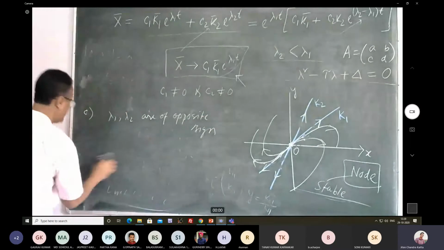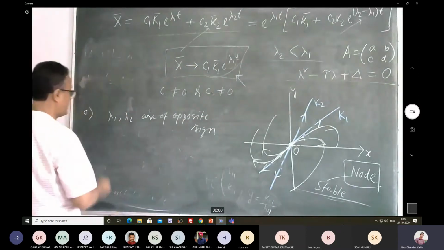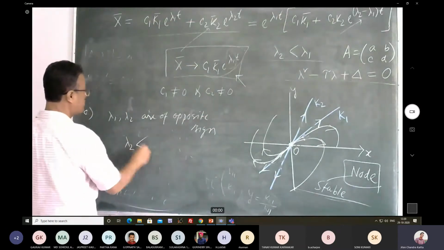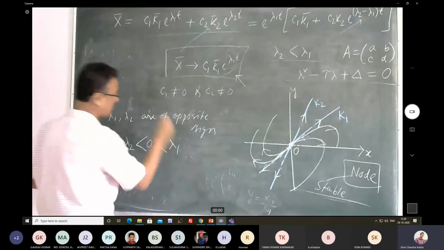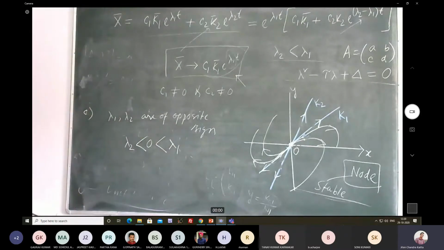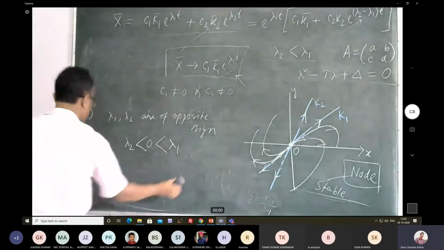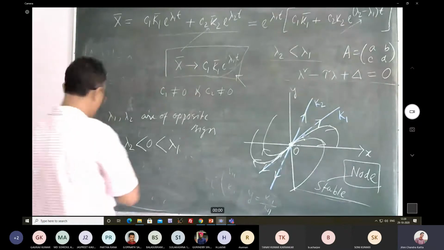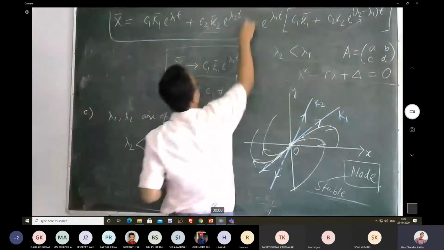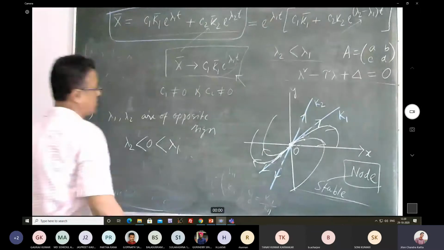So that means we are going to assume that lambda 2 is negative. Is it okay with everybody? Fine. So now, what is going to happen? Just now you concentrate on this solution.